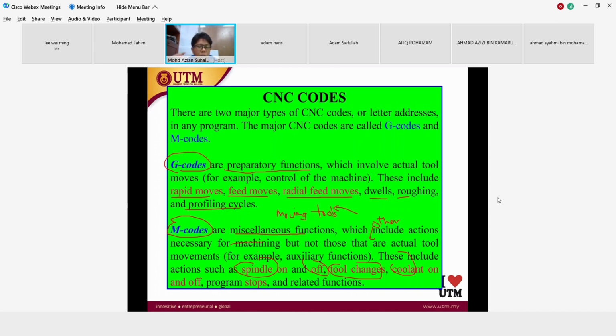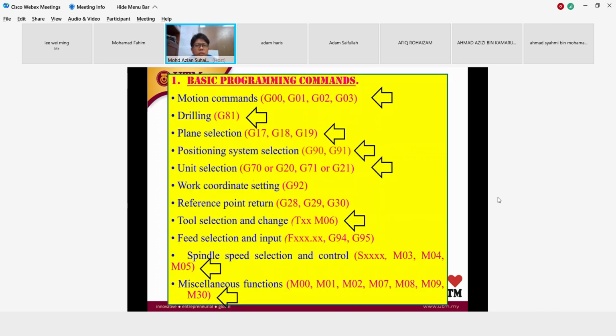Coolant helps cool down and prolongs the tool life. So you can tell the machine to turn the coolant on or off by using M codes. This is an example of some of the G codes and M codes.